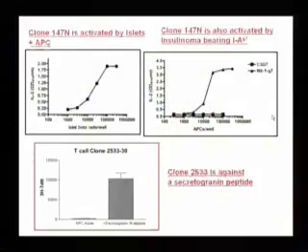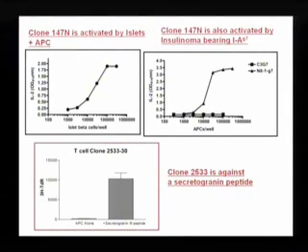Let me show you a couple of examples of this that we're still working on. For example, this was one of the clones of T cells that was isolated. And I show you this to answer the question whether the peptides from the insulinoma are a valid approach biologically.